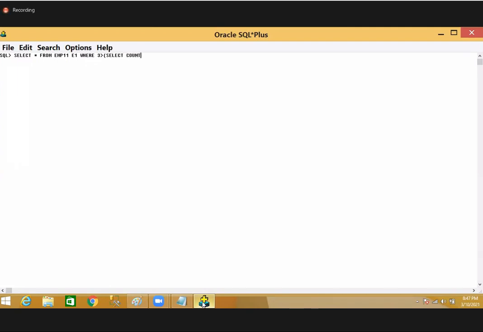Select count of distinct salary from EMP11 E2 where E2 dot salary is greater than E1 dot salary.